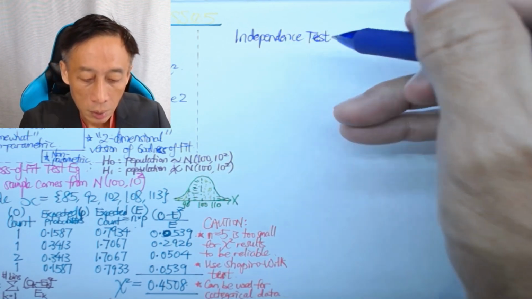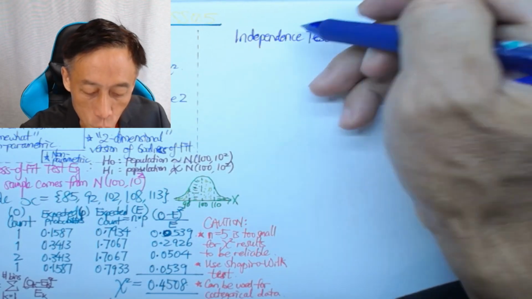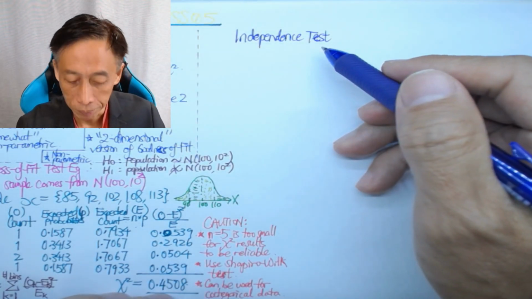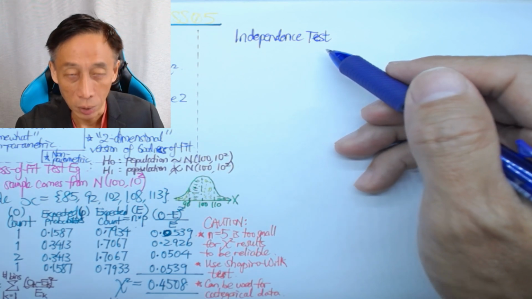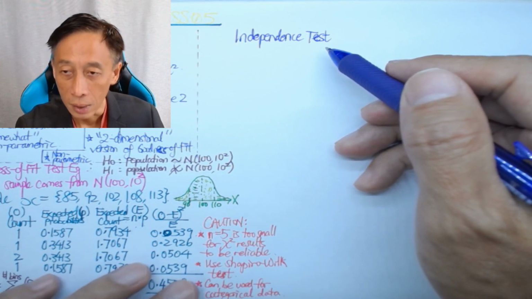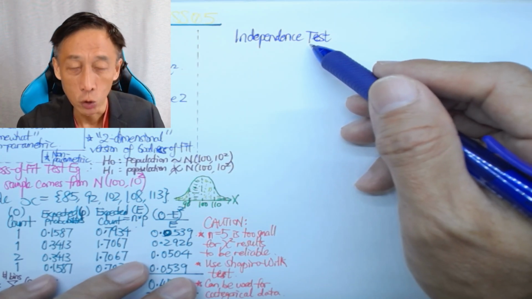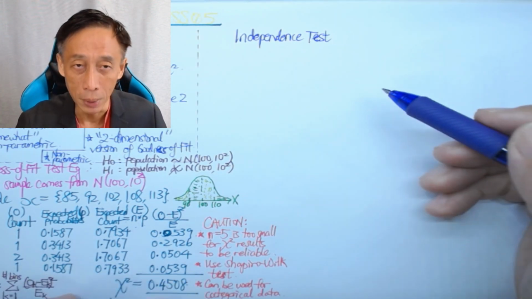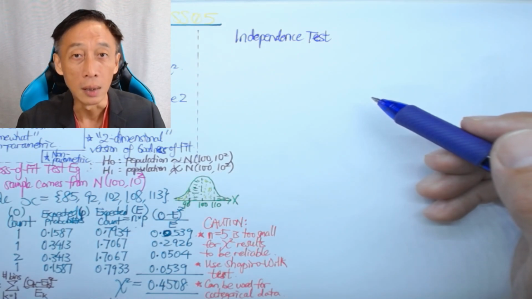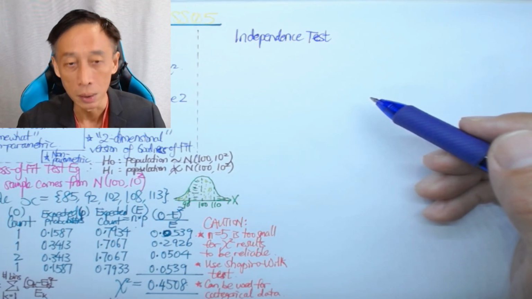But even more than practical situation, there are a lot of procedures, calculations, tests, and all that require the populations involved to be independent. One quick example that I can recall is the linear regression or multiple linear regression.